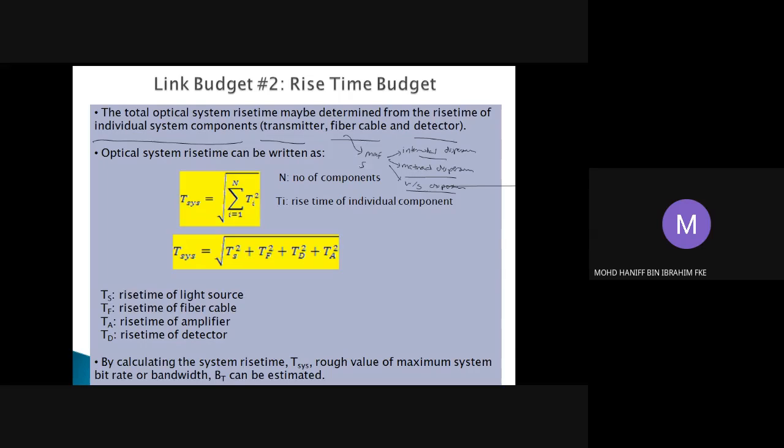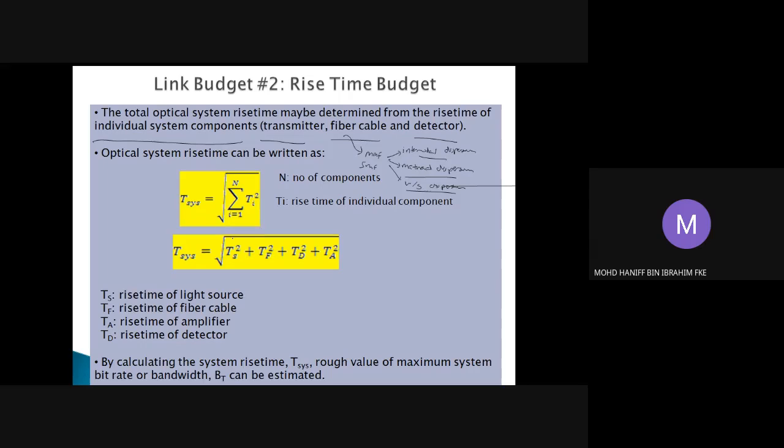The same thing happens for the SMF, where we only have the effect of material dispersion and the waveguide dispersion. There should be no effect of intermodal dispersion. I believe these are the things that we have clearly understood from what we learned in chapter 4 last time.